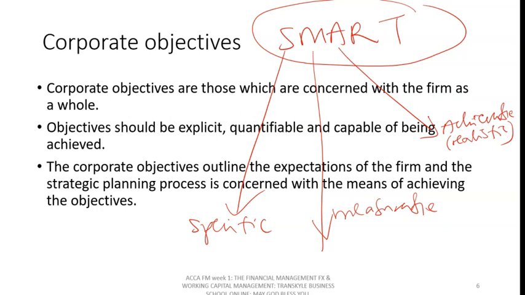So individuals, if the objective is far-fetched, might resent implementing it, might feel demotivated because the target can't be achieved. Or sometimes the objective need not be too easy.